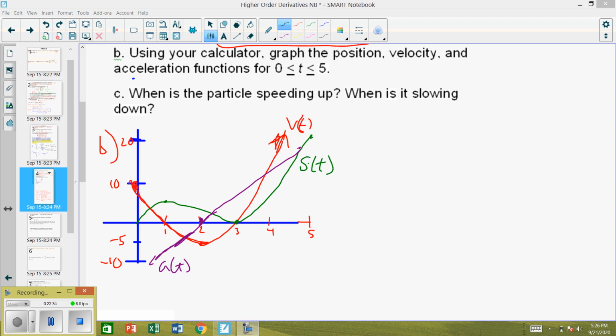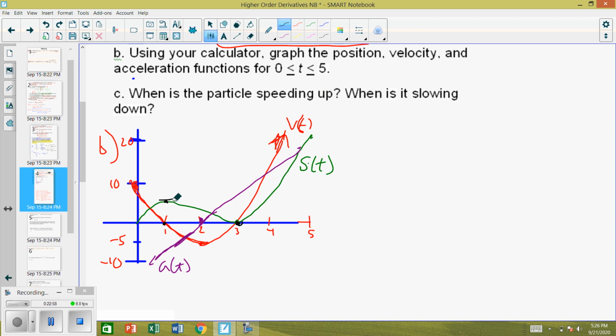If you make a lot of connections here, you can compare. It's kind of interesting. Notice the maximum value and the minimum value for the position function. Do you notice how they're the zeros of the velocity function? I wonder why that is.